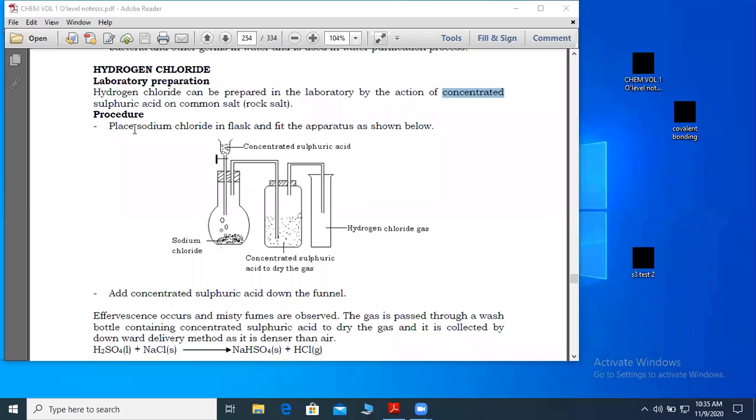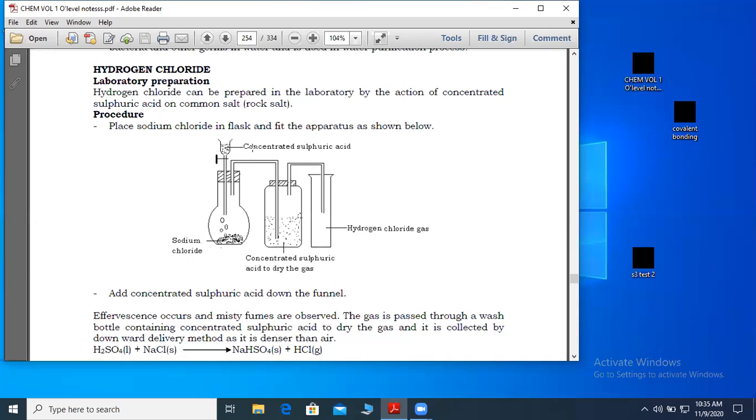Place sodium chloride in a flask and fit the apparatus as shown below. My sodium chloride is a solid, so it is put in a flask. I repeat, sodium chloride here is used in solid state.